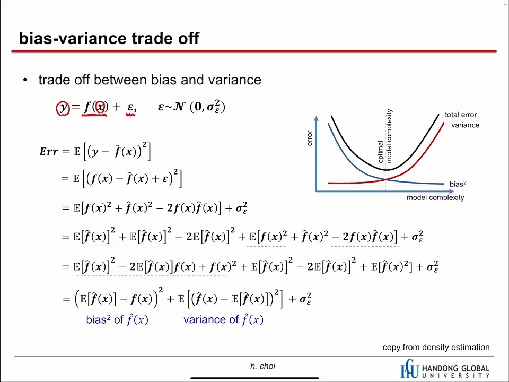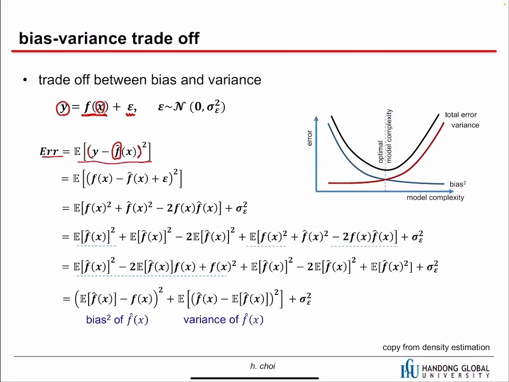Then what is the error of the model? f hat is our model. So we trained our model. Then y minus f hat of x is the error. And we define our error in this way: the squared and expectation.